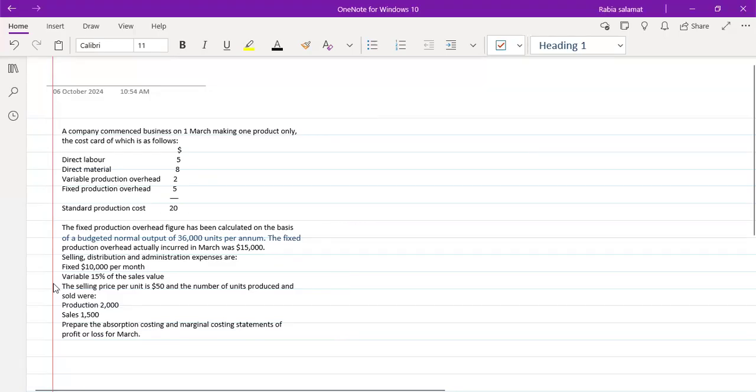Before reconciliation, we should consider some conclusions of marginal and absorption costing.